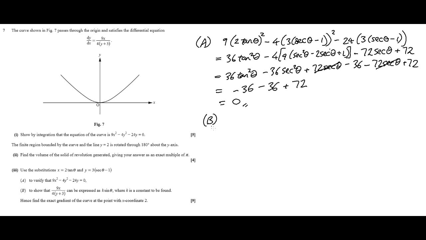For part B, we need to express that fraction as a trig function, which is doable. 9 lots of 2 tan theta divided by 4 lots of y, which is 3 sec theta, take 3.